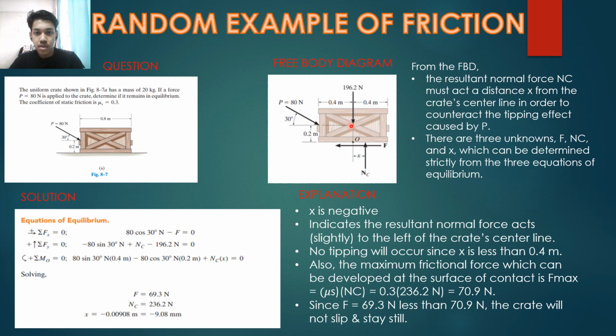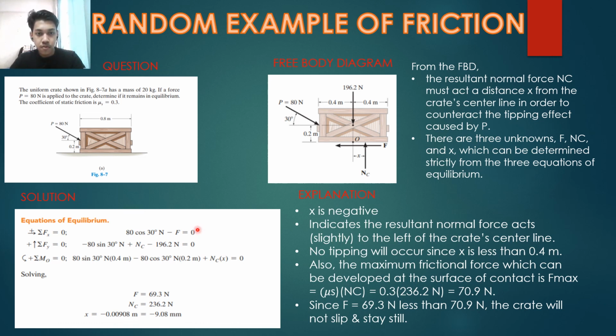Meanwhile, the weight, if we apply this force at the crate, will not rotate it. Same with the friction force. So that's why it only involves the NC force and the P force. From the moment equation, we have P sine 30 times 0.4 meter, minus 80 cos 30 times 0.2, plus NC times X.